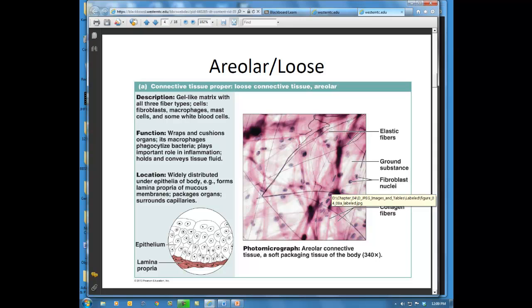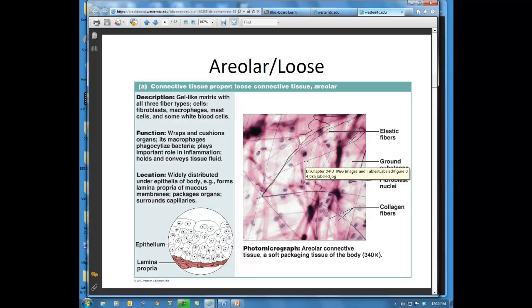All that will remain are these elastic fibers and the dark nuclei of the fibroblasts that make the elastic fibers and the collagen. So looking for these black hair-like structures on the slide is really characteristic of that areolar or loose connective tissue. Again, found underneath the skin or packaging around the organs.